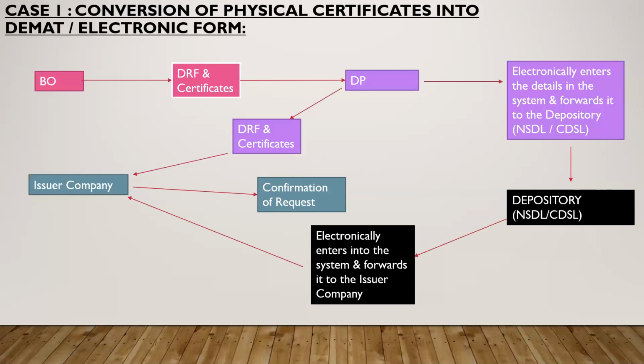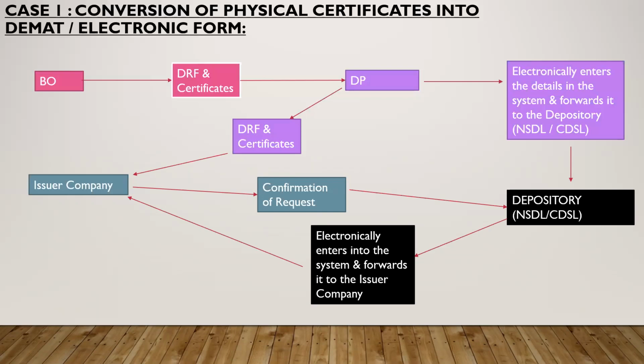So there is confirmation of request that yes, all the details, all the certificates are proper. So please proceed with the conversion of electronic form. And this confirmation request will be passed on from the issuer company to the depository back again.